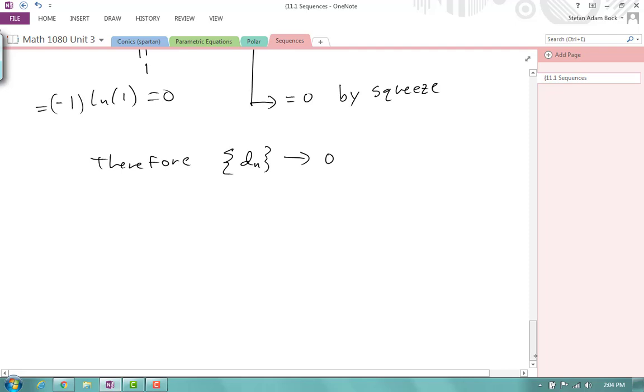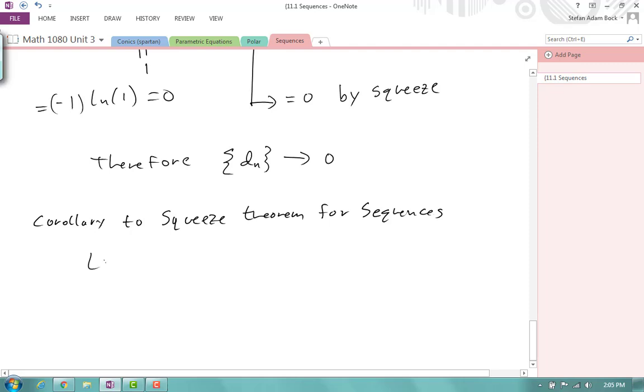As a corollary to the squeeze theorem, not for limits, for sequences, we have absolute convergence for sequences.